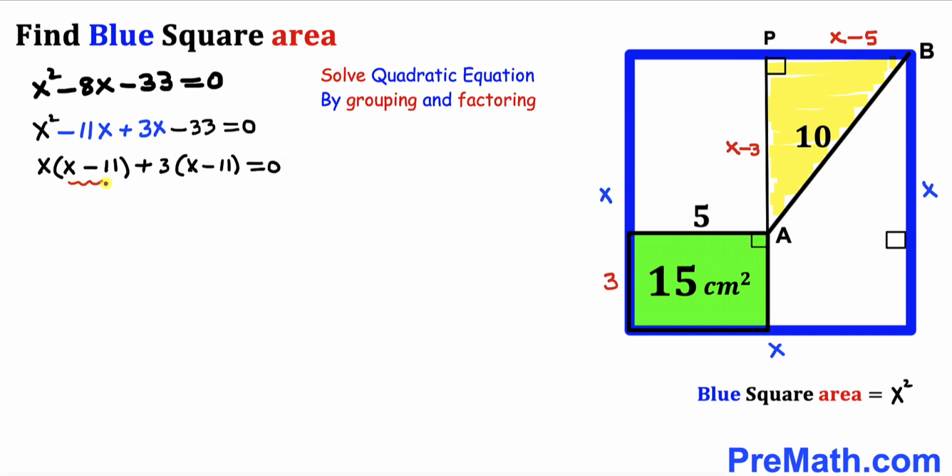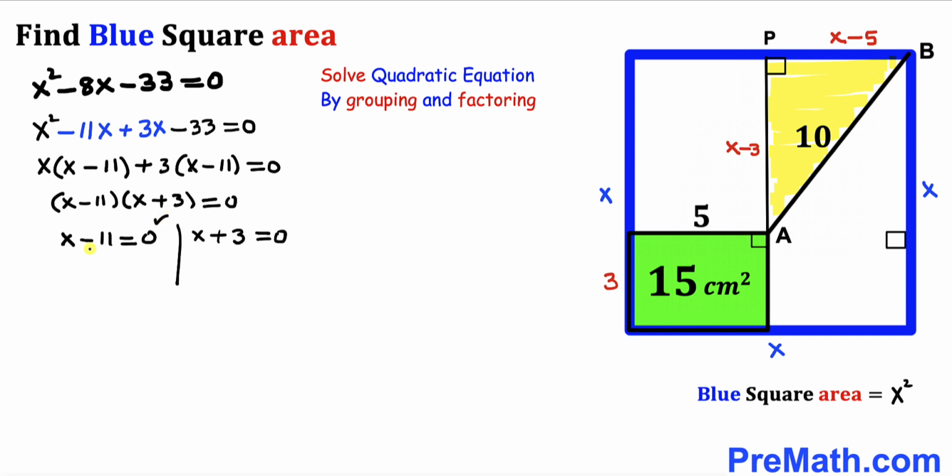And here we can see x minus 11 and x minus 11 are in common. So we can factor out x minus 11, and then times x plus 3 equals 0. So we got these two factors equal to 0. I can separate them: x minus 11 equal to 0 and the other factor x plus 3 equal to 0.